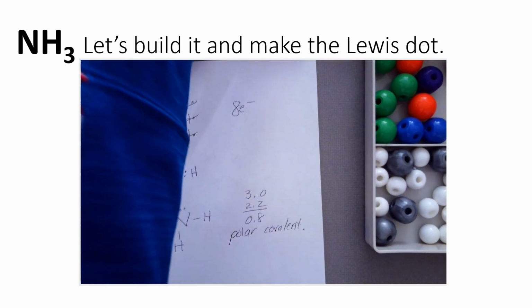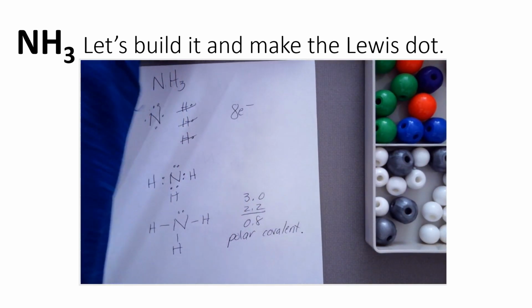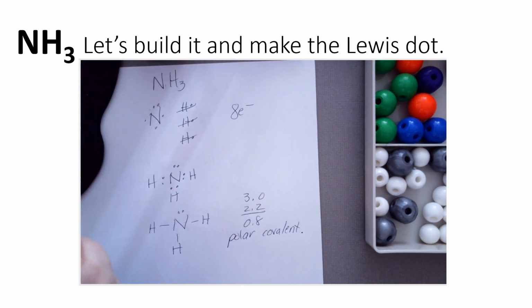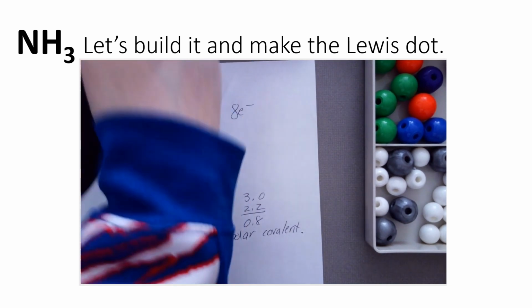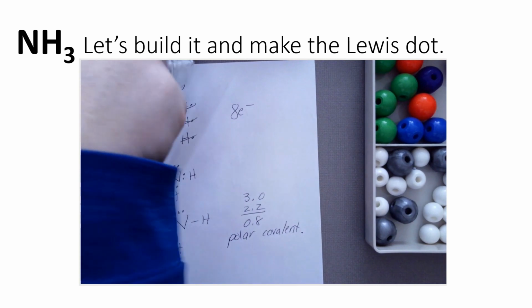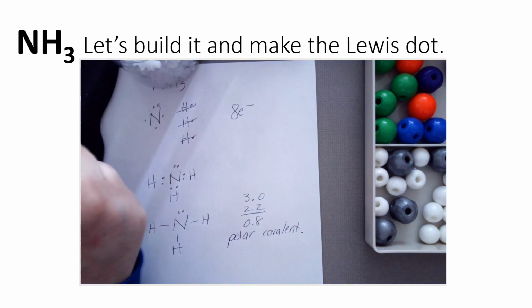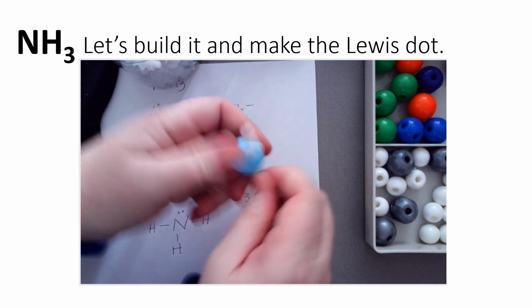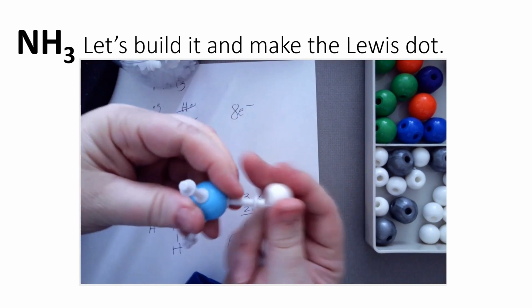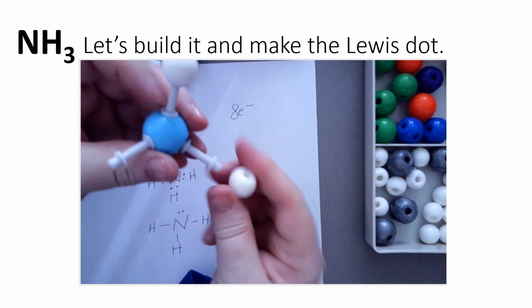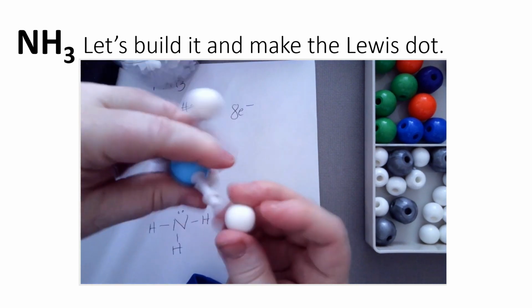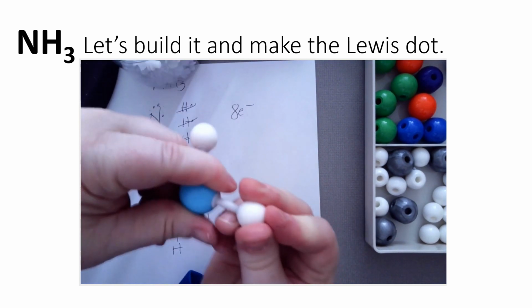I don't have any double bonds, so I can just use whichever bonds I want. Just use 3 of the same, because these are the same elements bonded to each other. So I'm going to connect it like this, and like this, and like this.